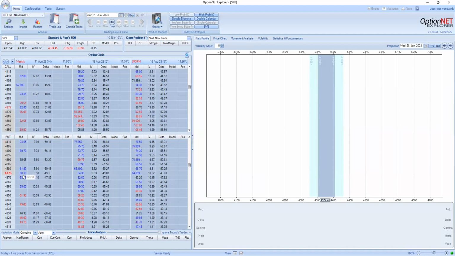At-the-money put is trading for about $60. So if I wanted to place a put debit spread where, if we were to move one expected move lower from today's price, we are going to hit our long leg of the put debit spread.